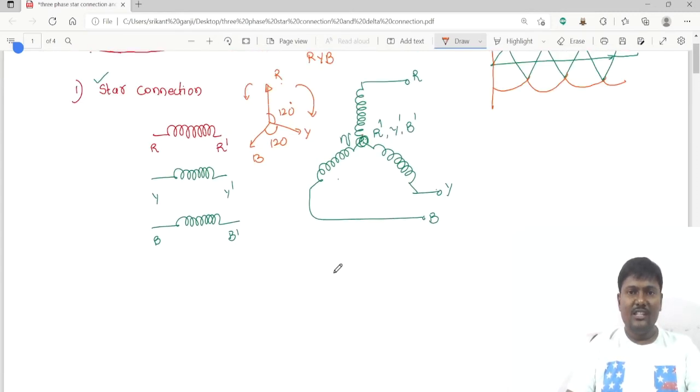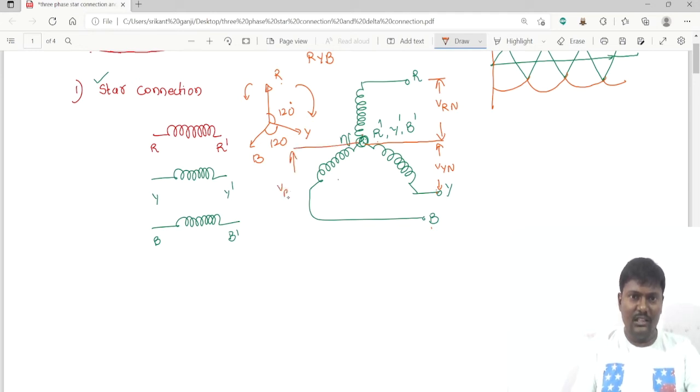So the voltage between phase and neutral is called the phase voltage, VRN. The voltage between the R phase and neutral is VRN. The voltage between Y and N is VYN, and the voltage between B and neutral is called VBN.